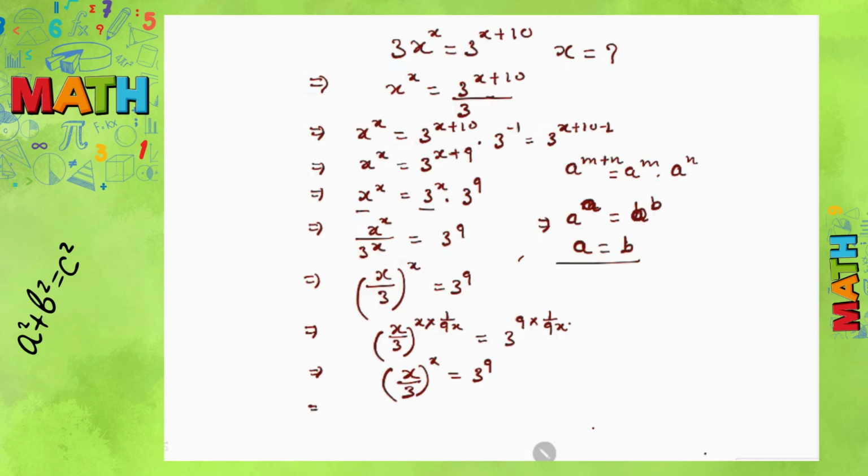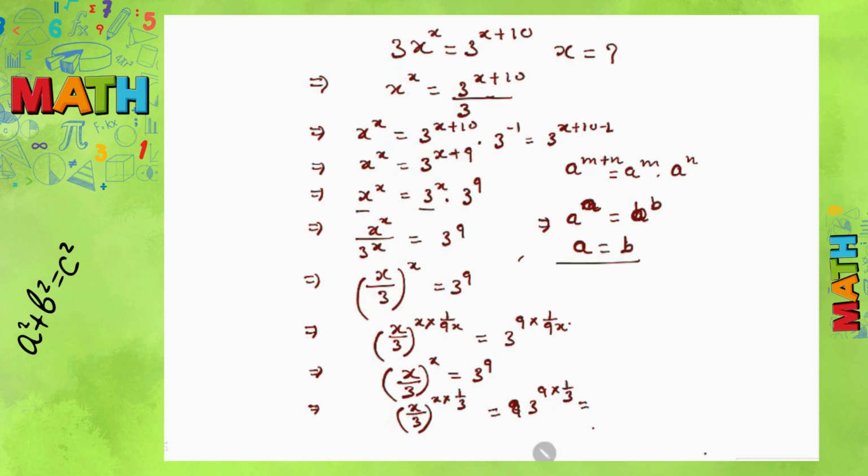Okay, this can be written as x^(3/x), I would say, 3^3, to the power 1/3. I'm taking a cube root on both sides. So what will happen here?